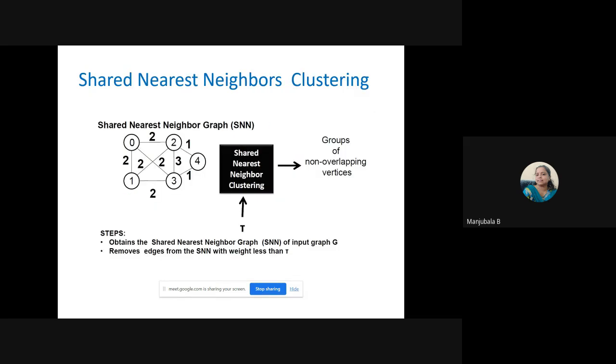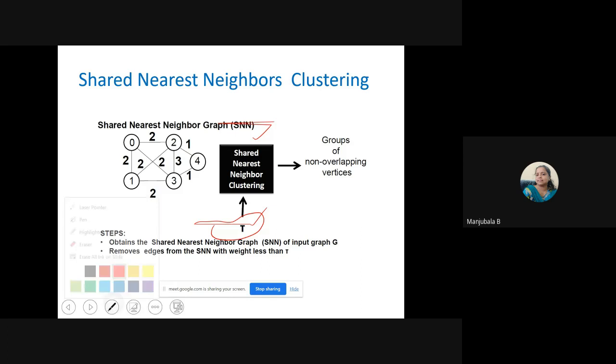The second one is also a graph clustering algorithm, the shared nearest neighbor clustering. So in SNN clustering, the shared nearest neighbor clustering approach is used. This t value is again a user specified value, the user has to give it.